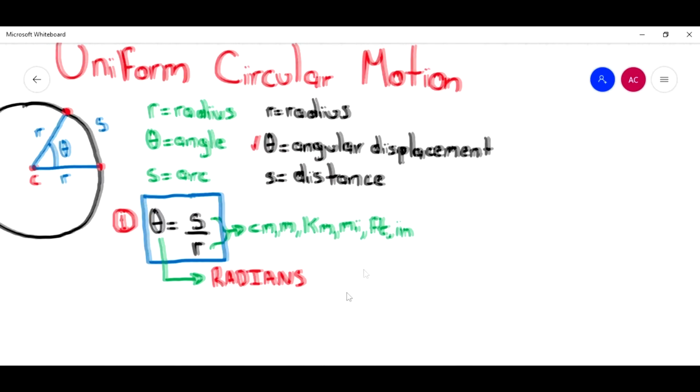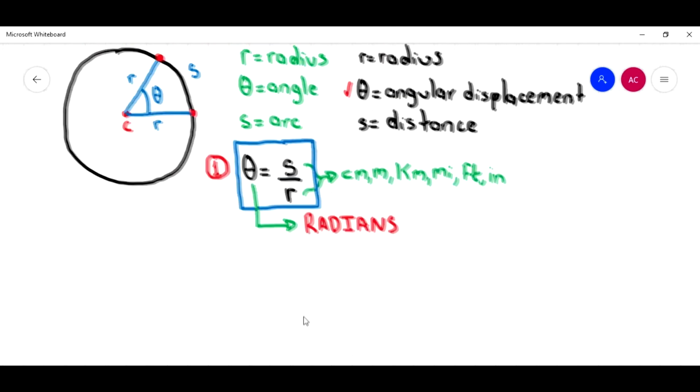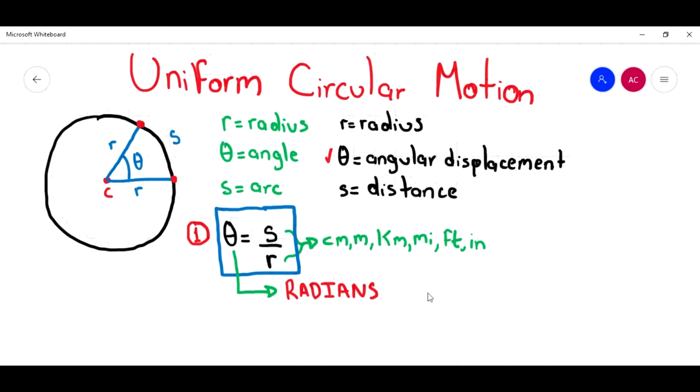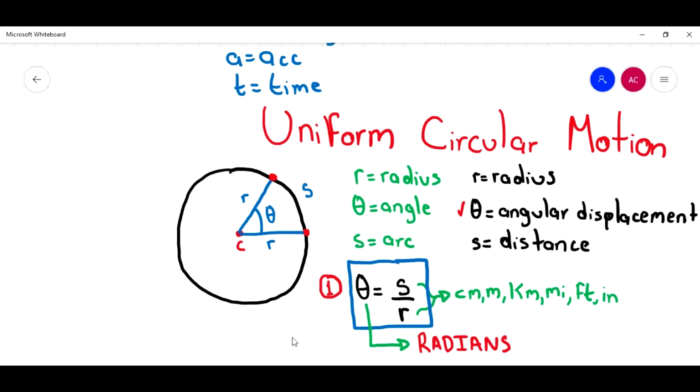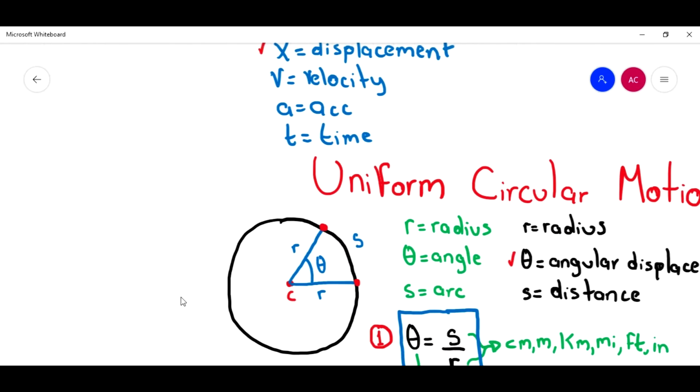Now, if we are going to work with radians, you need to have a formula in order to transform radians into degrees. The formula that I use is something like this: degrees over 180 equals radians over pi.